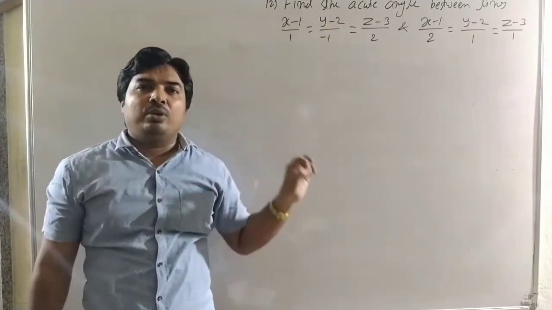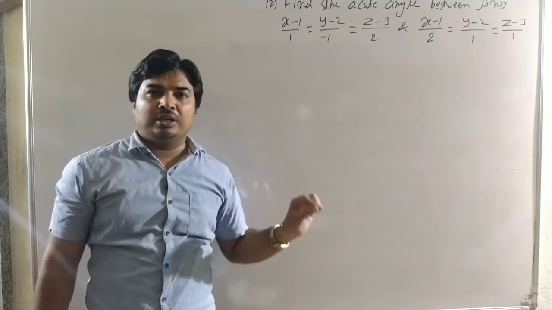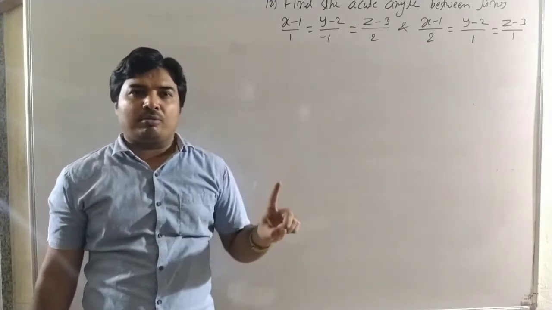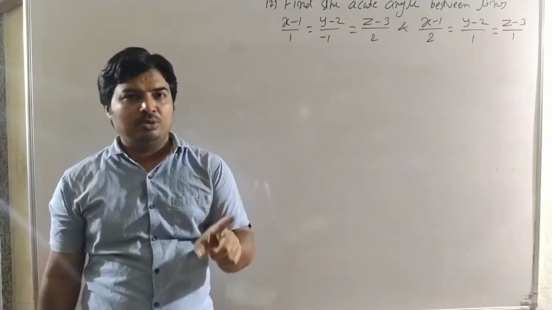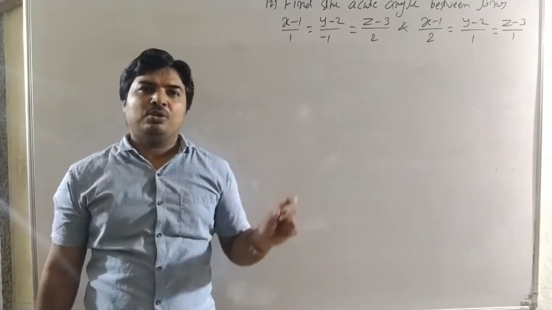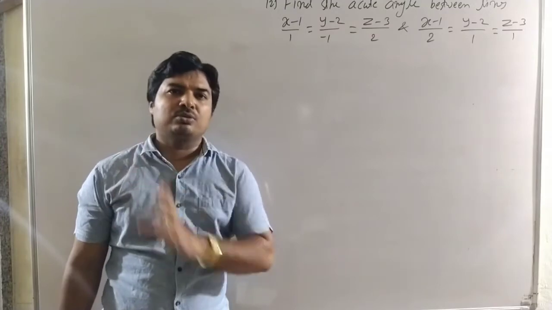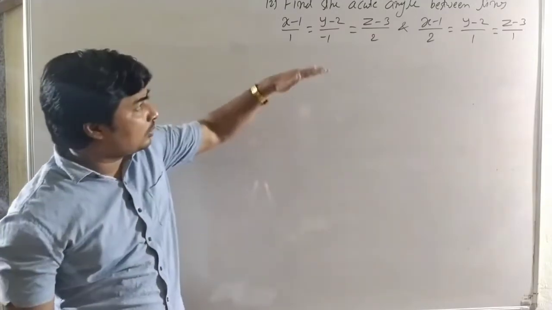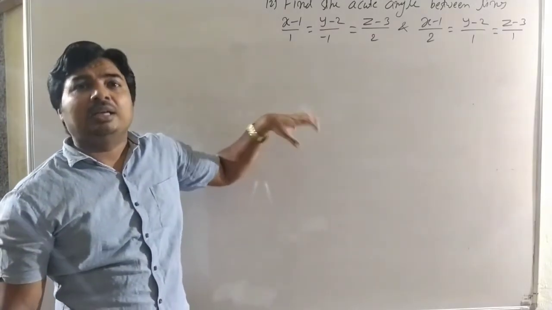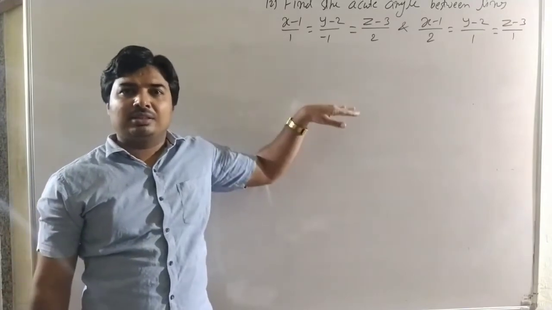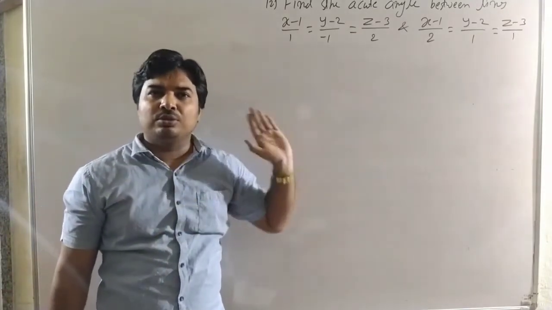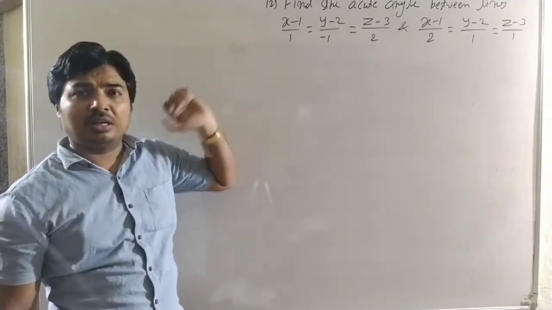The formula for the acute angle is cos theta is equal to mod of a1 a2 plus b1 b2 plus c1 c2 upon under root of a1 square plus b1 square plus c1 square into under root of a2 square plus b2 square plus c2 square. And if the lines are perpendicular, then the condition is a1 a2 plus b1 b2 plus c1 c2 is equal to 0. We already used this in the last example.